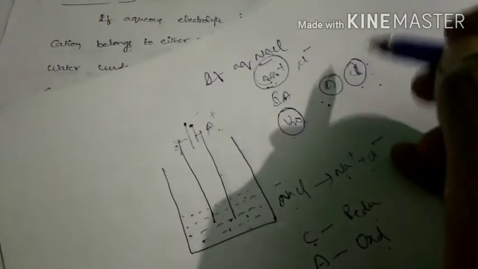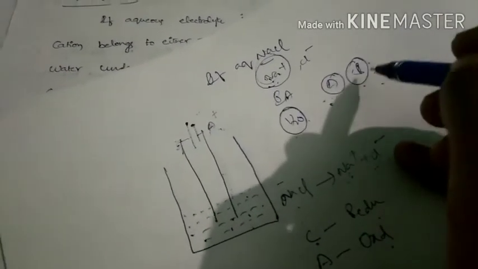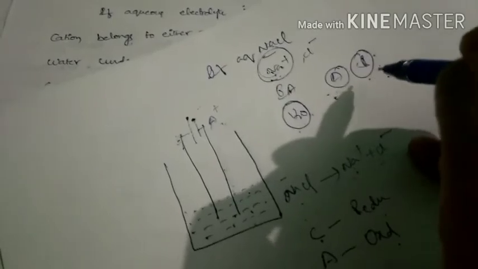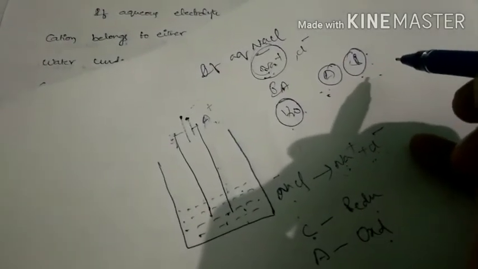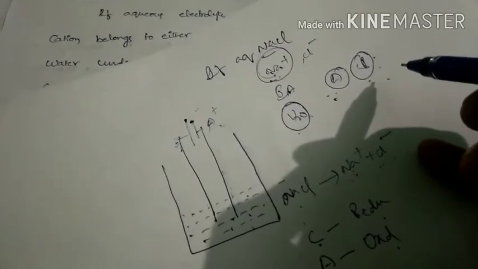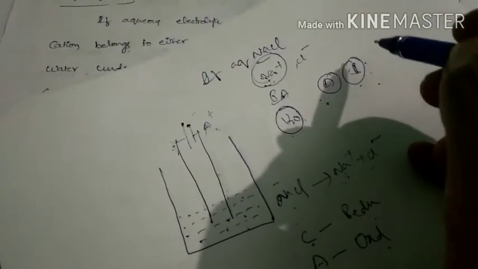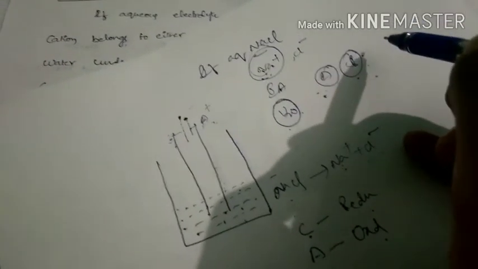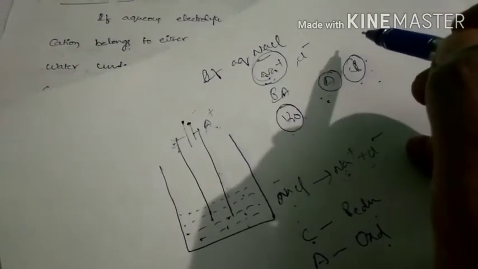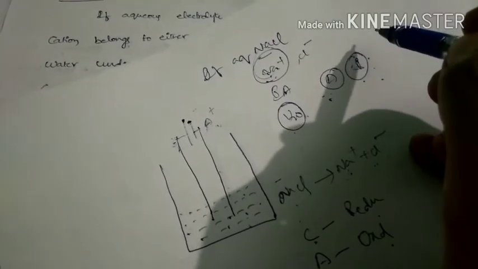And one more point, if any ion has more SOP, meaning standard oxidation potential, then that ion readily moves towards anode to undergo oxidation. So if any ion has a more SRP value, it readily moves towards cathode to undergo reduction.